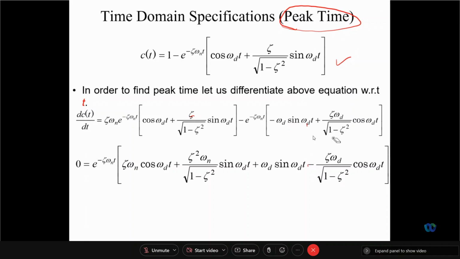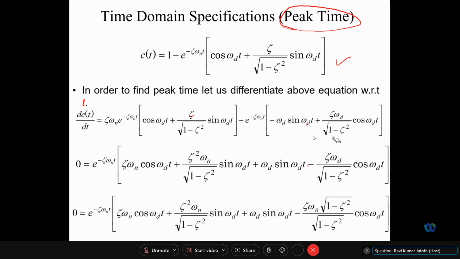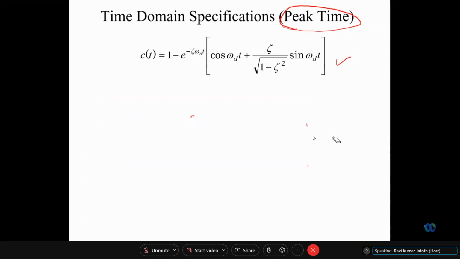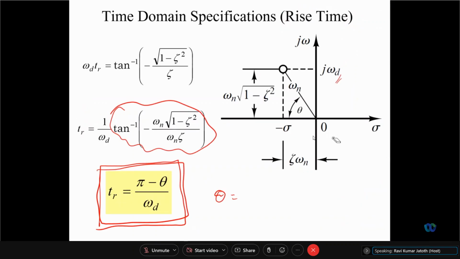So you are equating this to 0, right? And then if you try to simplify this, this should be there in your mind.